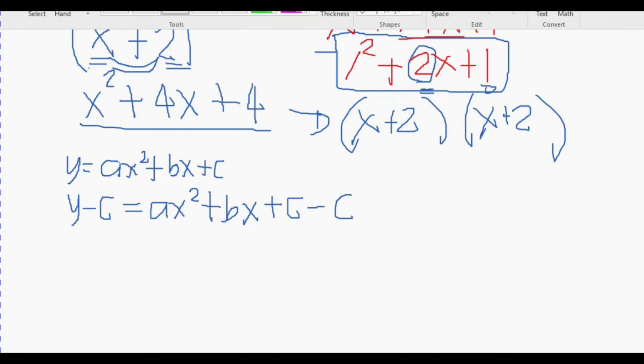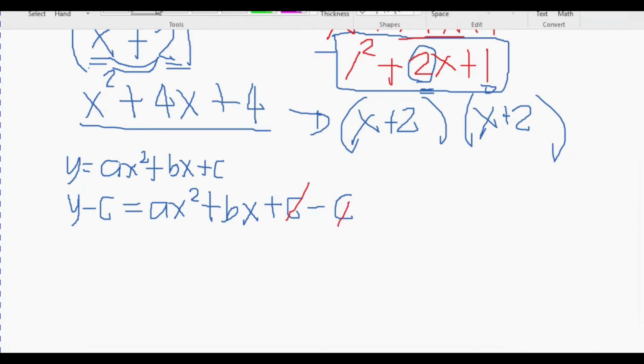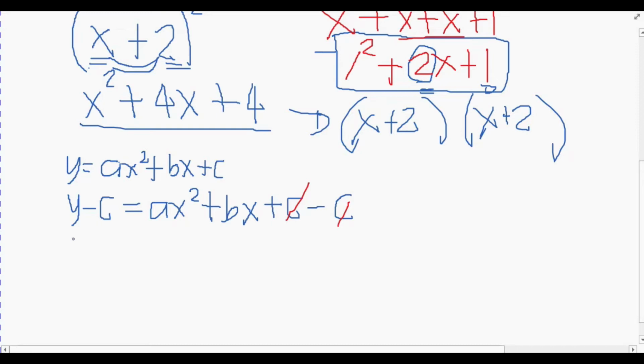So we can cancel c here, so it becomes 0, and what is left now is y minus c equals ax squared plus bx.